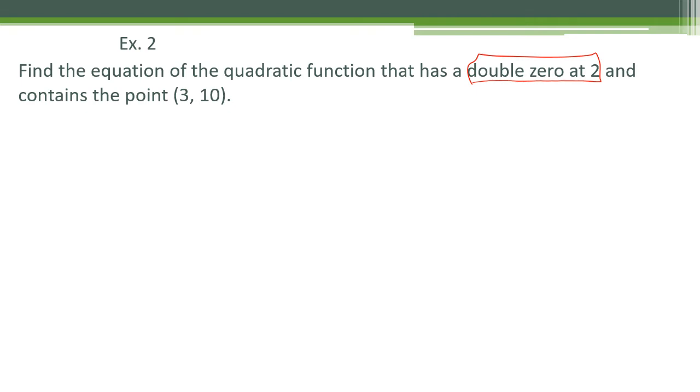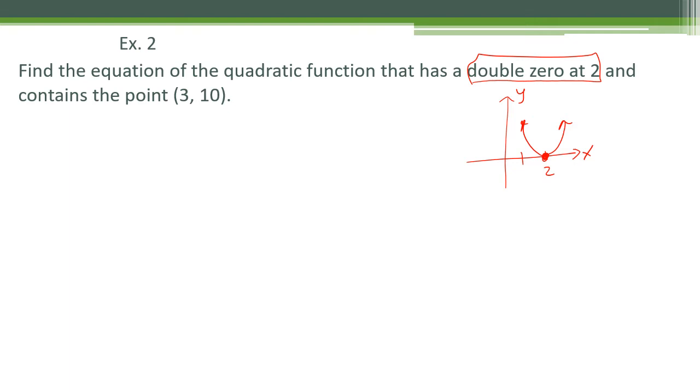So if we were to make a picture of this, 1, 2. If it's a double zero, there's one zero, and then I can go back over it and make another one. So this just means that it probably does something like that, meaning your vertex lies right on the 2 on the x-axis.